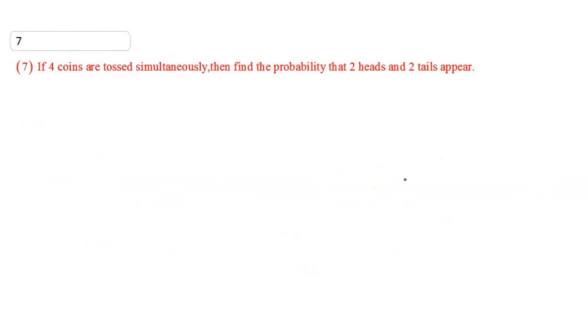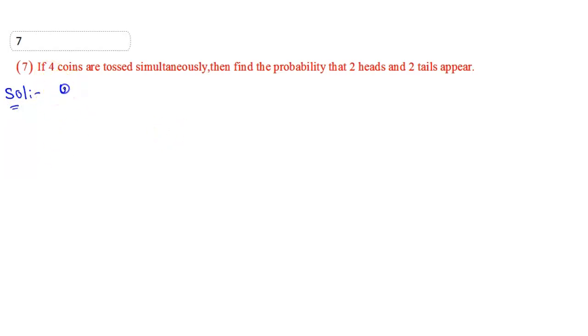So now we are taking the 7th question. If 4 coins are tossed simultaneously, find the probability that 2 heads and 2 tails appear. So here how many coins are we taking? 4 coins.